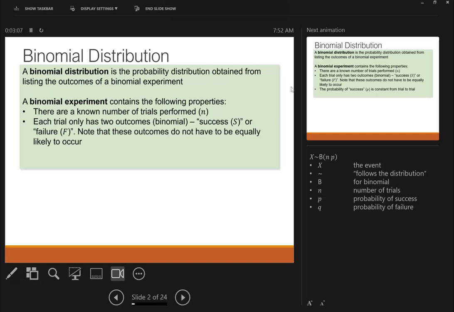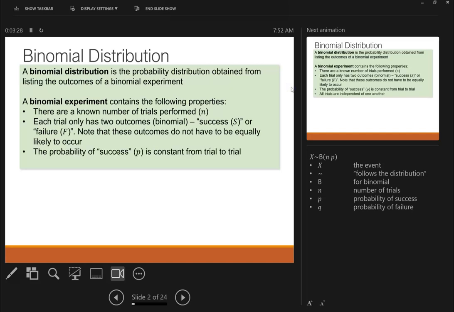What would count as the success in there? Getting heads. And the number of trials would be 5, because we flipped the coin 5 times, we said. Everybody's okay?